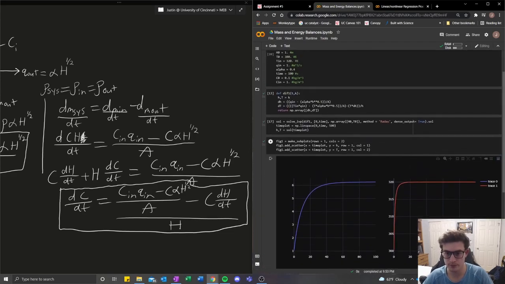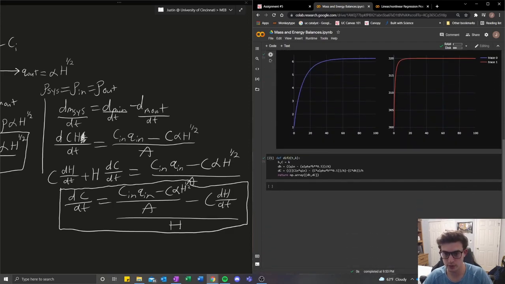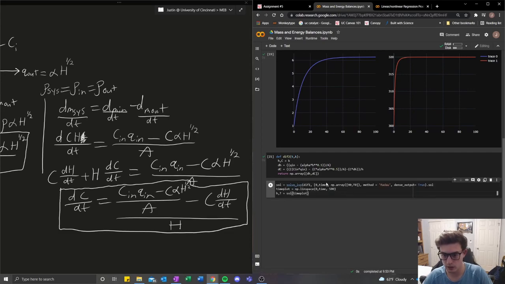Shift enter, go up here and copy over the next part. Go through and do the same thing. Solve the second differential equation for time. We don't want the temperature initial, we want the initial concentration. Then we don't want temperature anymore, we want concentration.